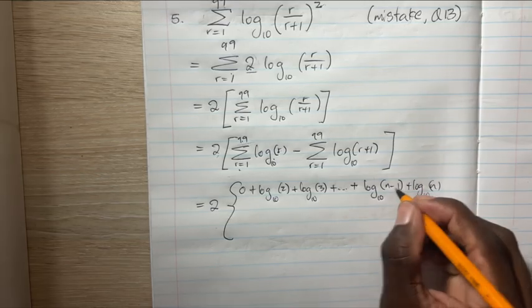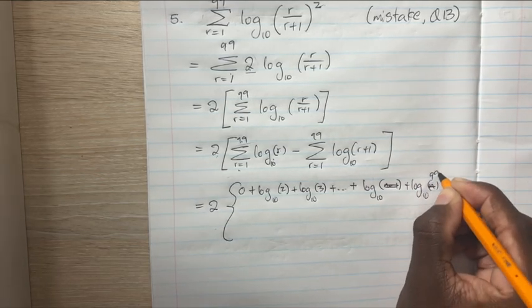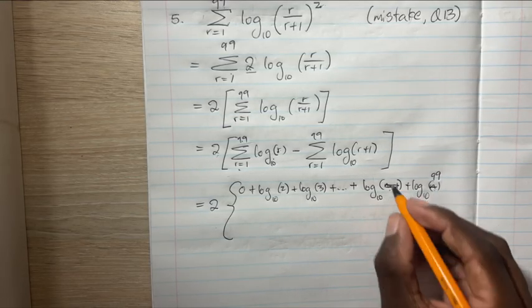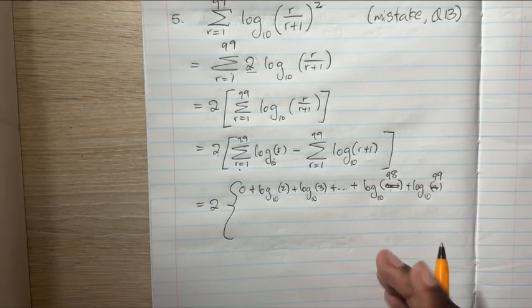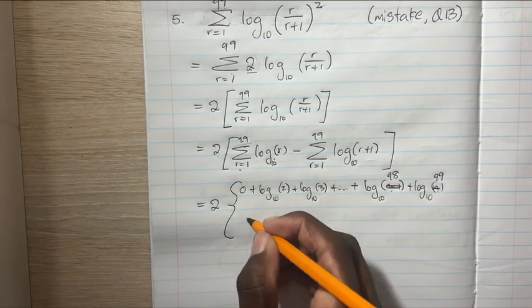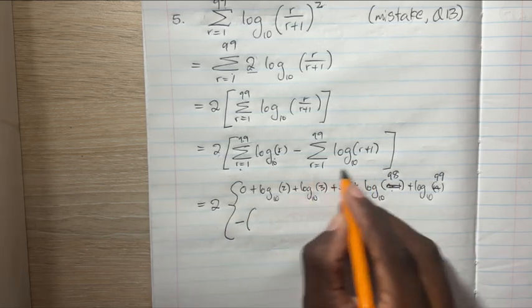You guys get the idea. Here we have 99. That's our last term. The term before it is 98, because we keep continuing. Before that would be 97 and so on. Then we have a negative, and then we write this one.